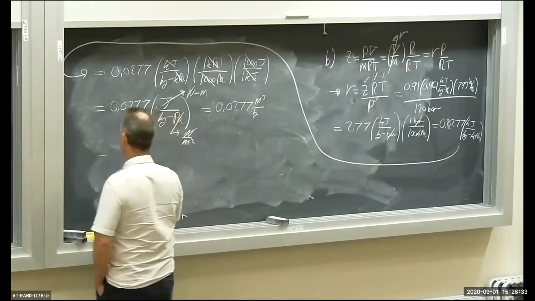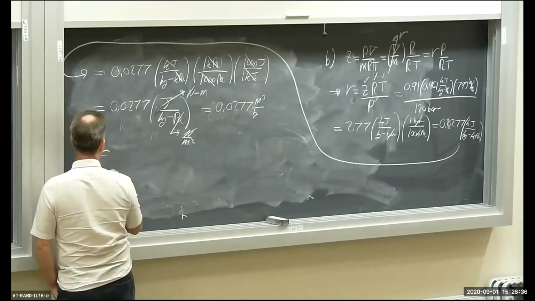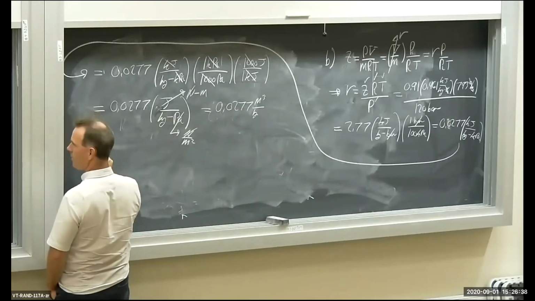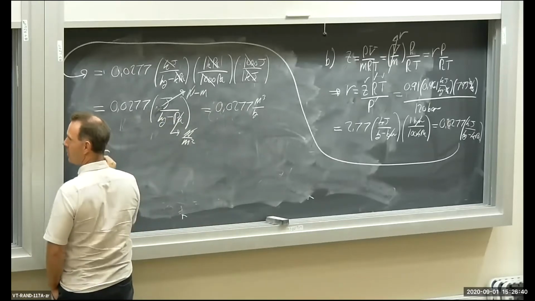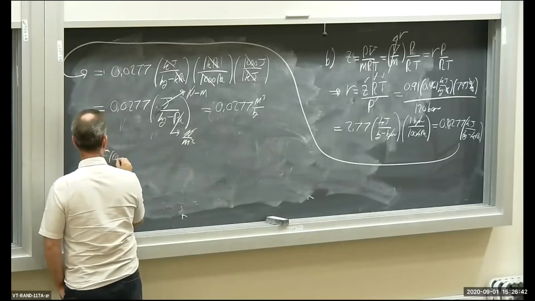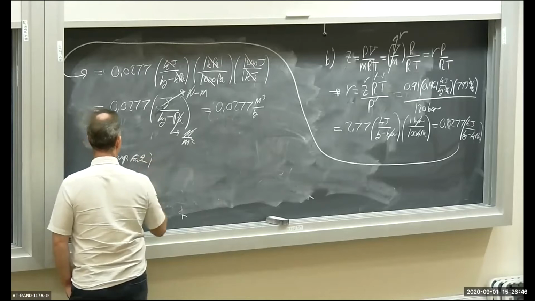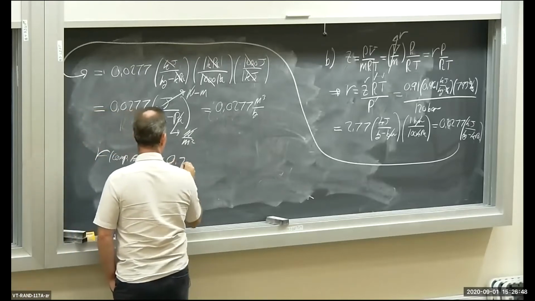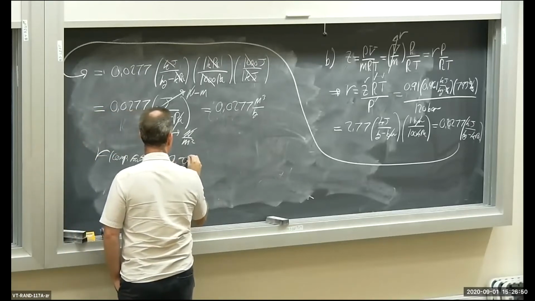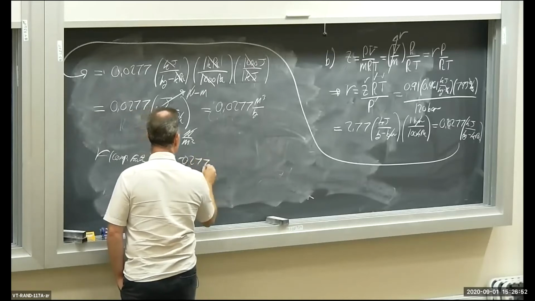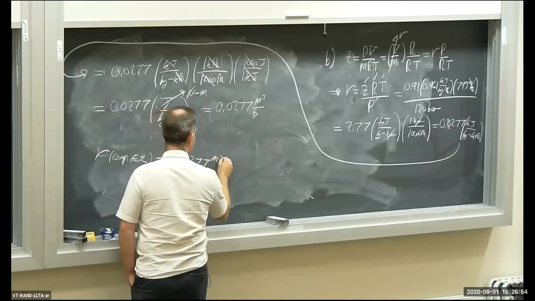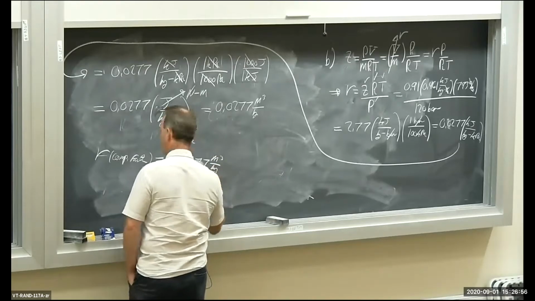In other words, specific volume using the compressibility factor is equal to 0.0277 cubic meters per kilogram.